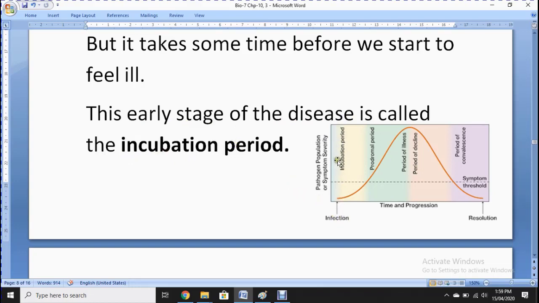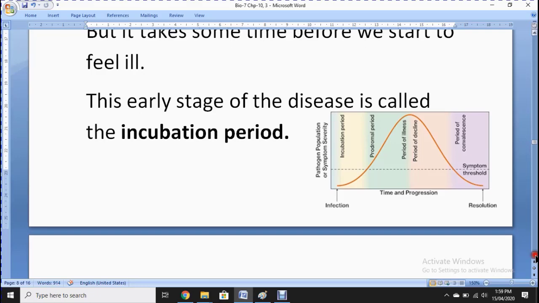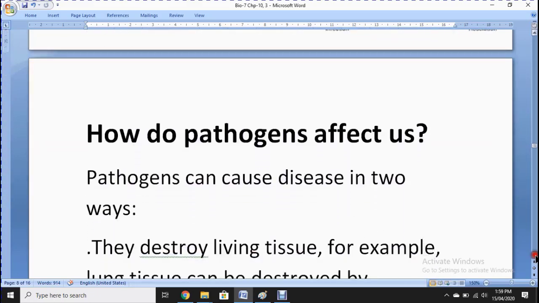So this time period is known as incubation, in which they just entered and start to multiply. Then their reproduction period will go on. The first time, when they have entered and don't show any response, is known as the incubation period.